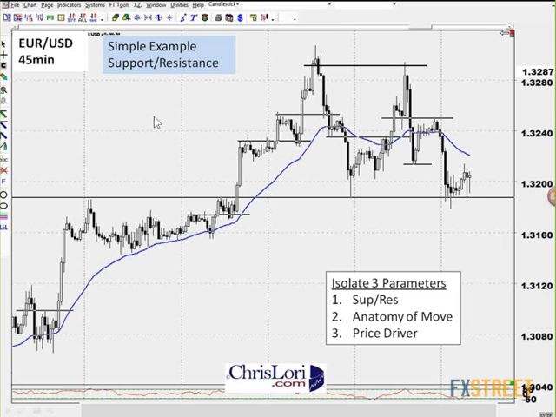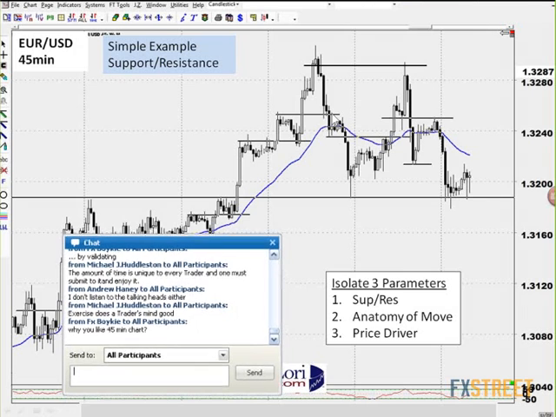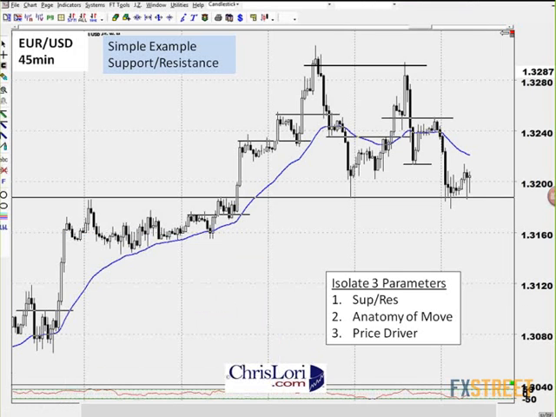Okay, so good question. Why do you like the 45-minute chart? When you are trading price behavior, it doesn't matter if it's a 7.5-minute chart, a 15-minute chart, 16 minutes, 17 minutes, 23 minutes. A chart is a chart is a chart. It doesn't matter. The industry has become aligned into thinking this way because a lot of the producers of data only have options for, let's say, 1, 5, 15-minute, 30-minute, hour.